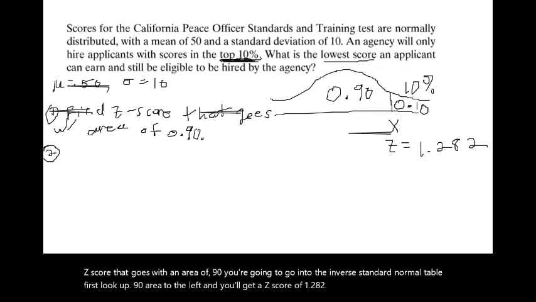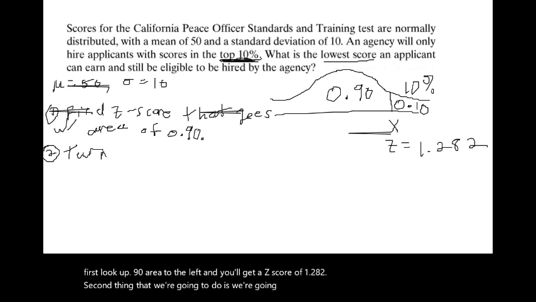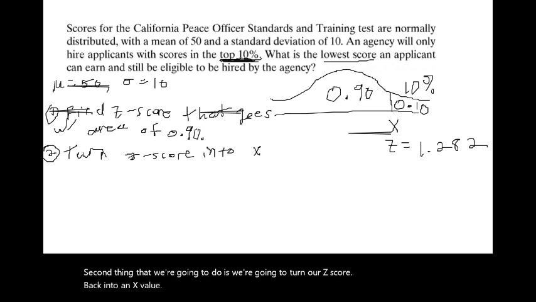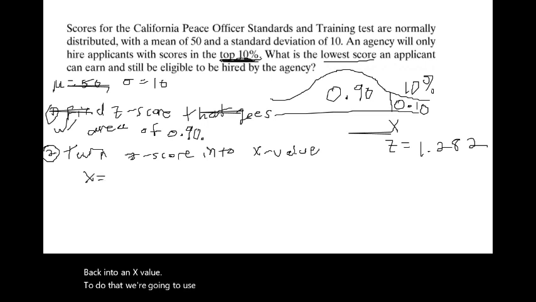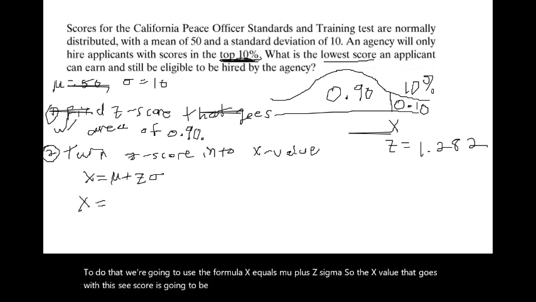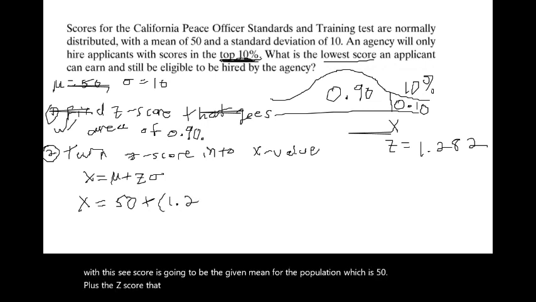Second thing that we're going to do is turn our z-score back into an x value. To do that, we are going to use the formula x equals mu plus z sigma. So the x value that goes with this z-score is going to be the given mean for the population, which is 50, plus the z-score that we just found, 1.282, times the standard deviation for this population, which was 10.